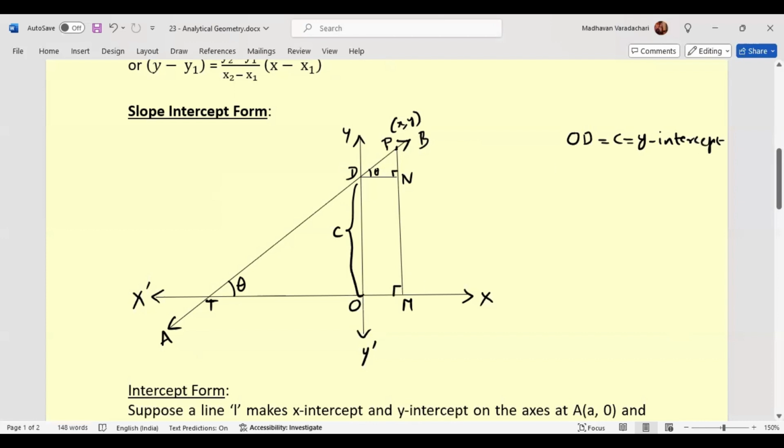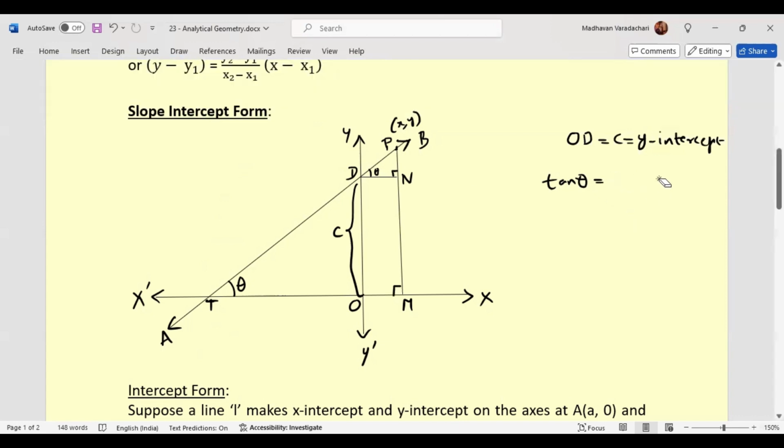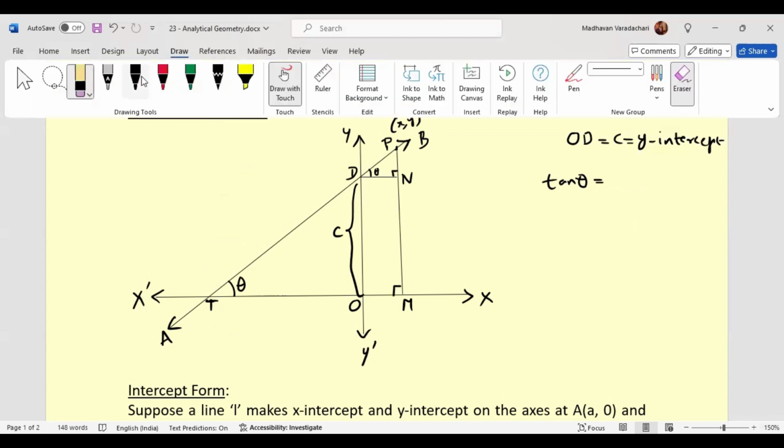Right. Now, if we look into this, this is angle theta. So tan theta will become opposite, that is OD, divided by OT. No, I will not choose that. Let me choose the other one. If this is theta, even this also is theta.